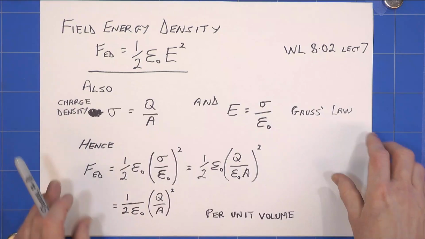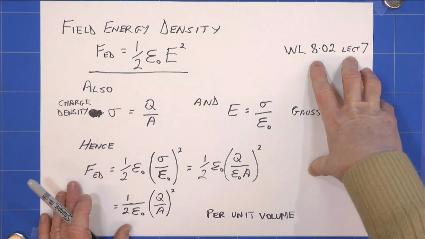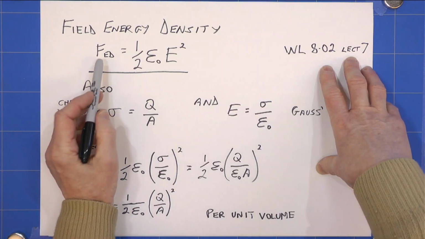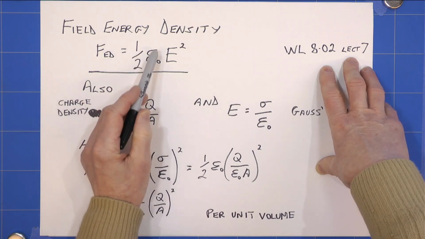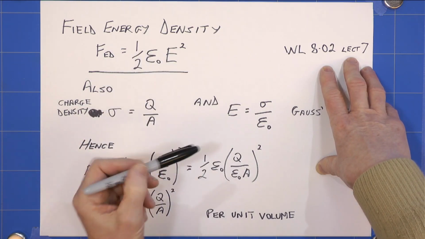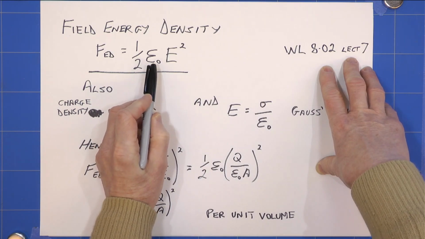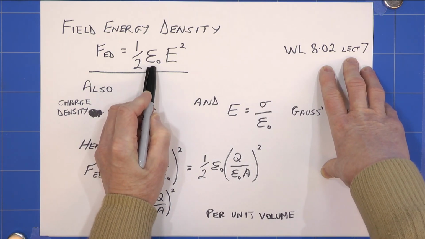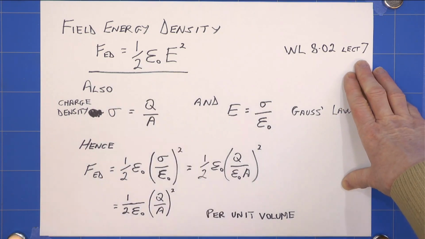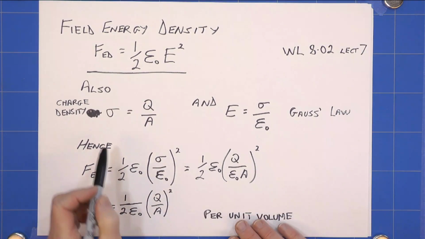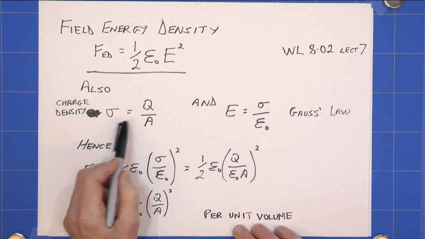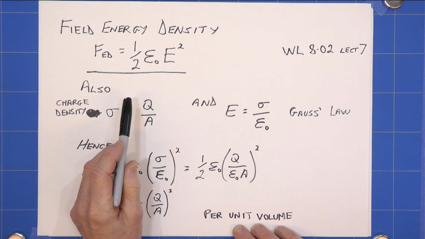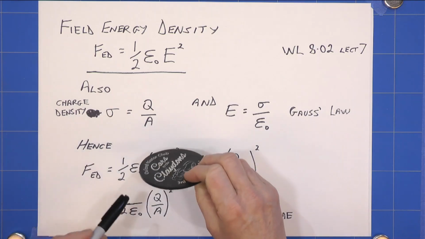So, right, in Walter Lewin's lecture 7 of 802, he shows that the field energy density is given by this equation, a half epsilon naught E squared, and everywhere I am taking the permittivity to be that of free space. We're not dealing with dielectrics in this situation. Also, from previous lectures, we have the definition of the surface charge density, sigma, as being the total charge on the plate divided by the area.